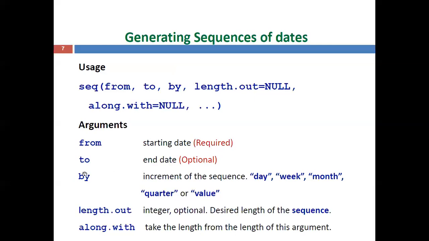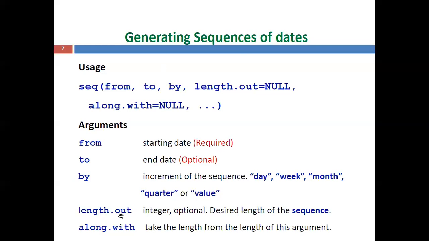Then the by argument is the increment of the sequence, with respect to the following only: day wise increment, week wise increment, month wise increment, quarter wise increment, or year. So in place of by, you can use any of these values only. Other than these, it won't take any whenever you are working with dates.